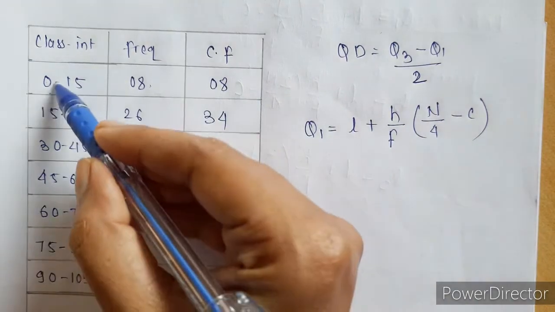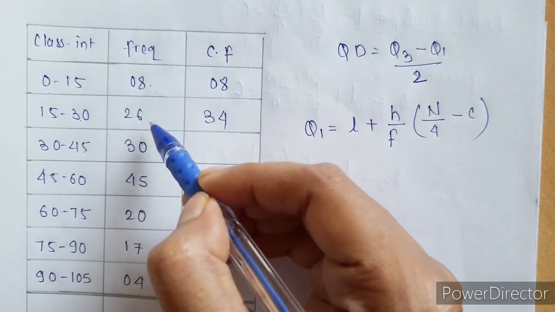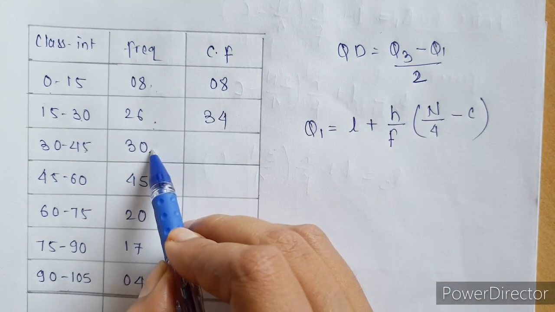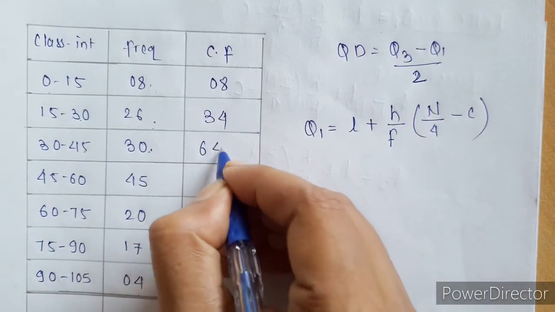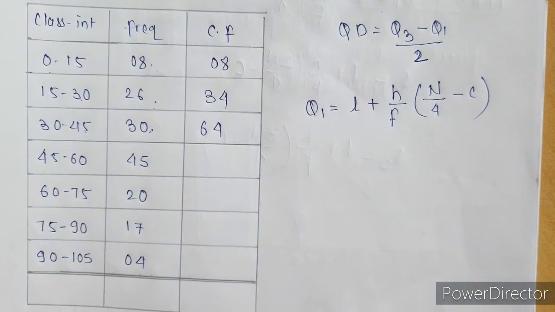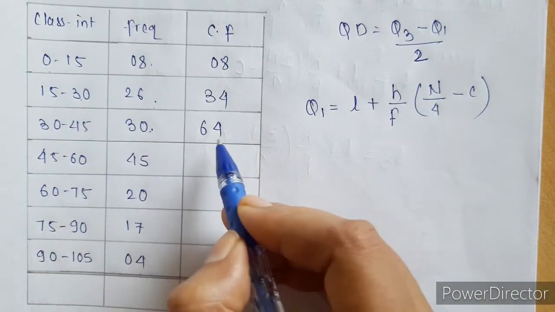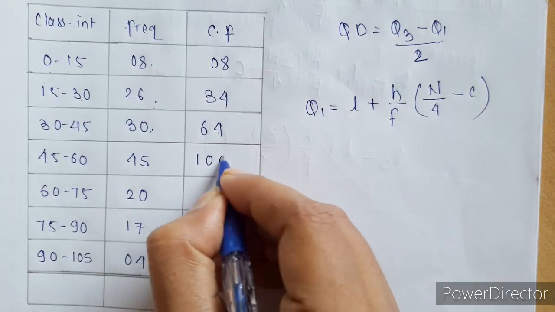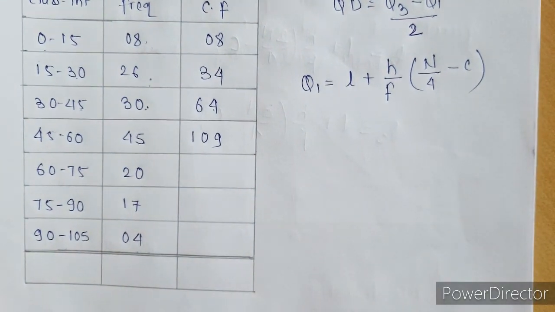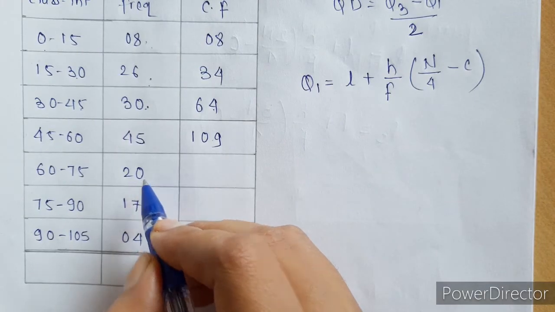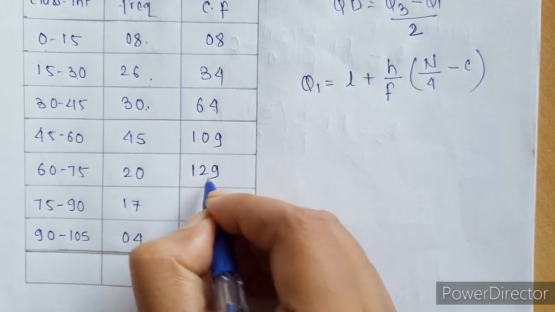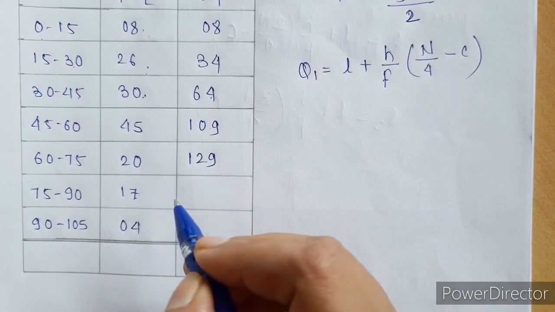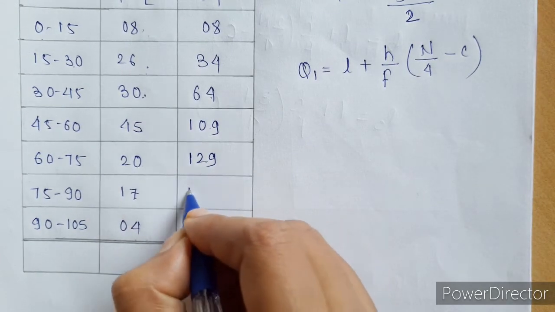Next, from 0 till 45 we have 34 plus 30, it is 64. Next, from 0 till 60 it is 64 plus 45, which is 109. Next, 109 plus 20, 129.